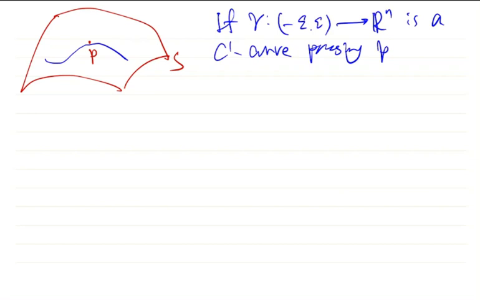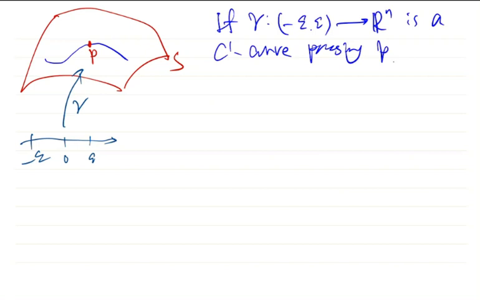So this is our gamma, the image of gamma. And gamma itself is a map from minus epsilon to epsilon into Rn. Okay?